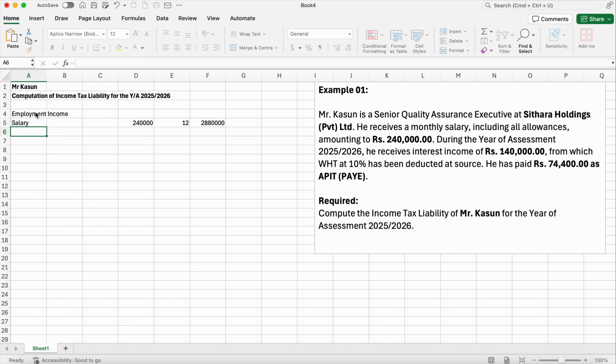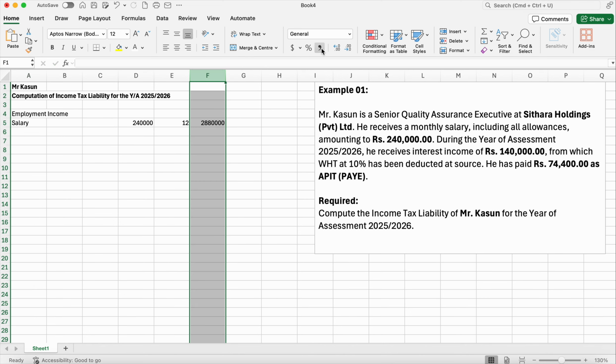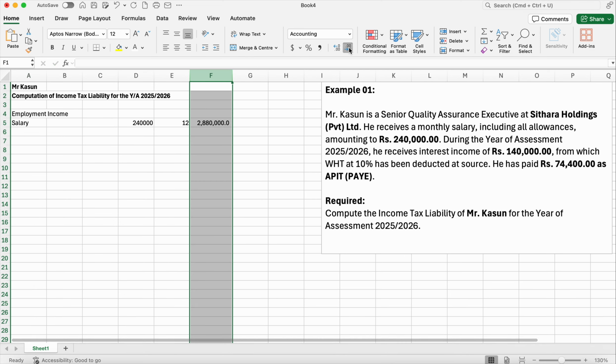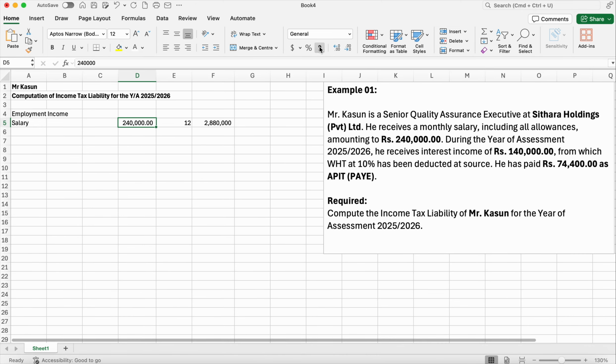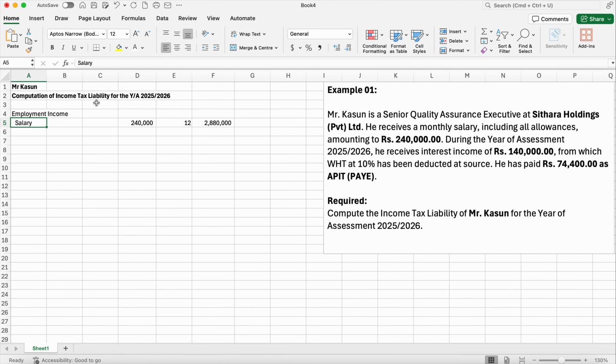So you can do it this way. And then the salary we have taken under employment.